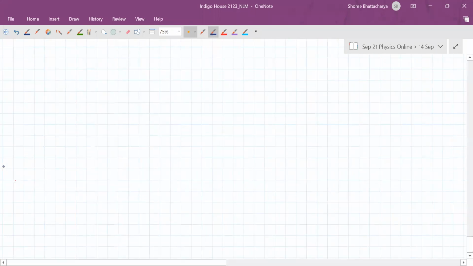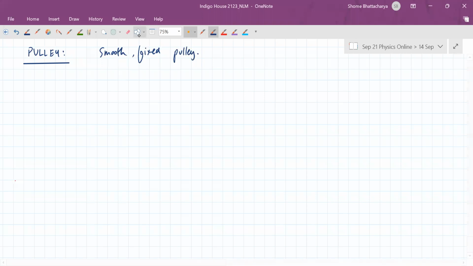Okay. Now the next thing we'll see is pulley. So in this chapter, we will be studying a type of pulley which is called a smooth and fixed pulley.